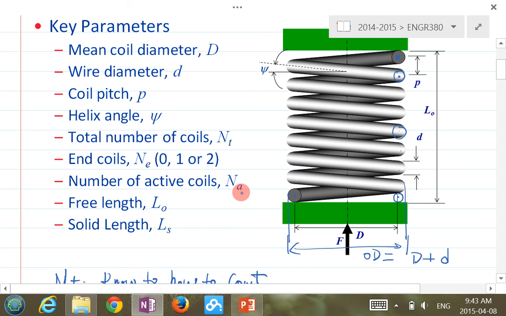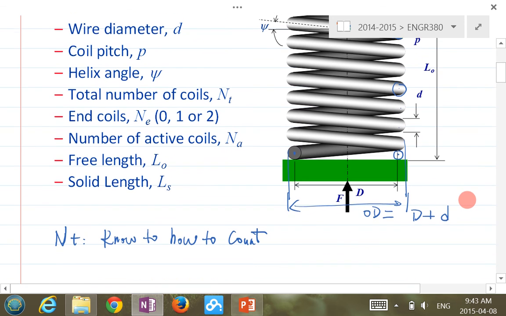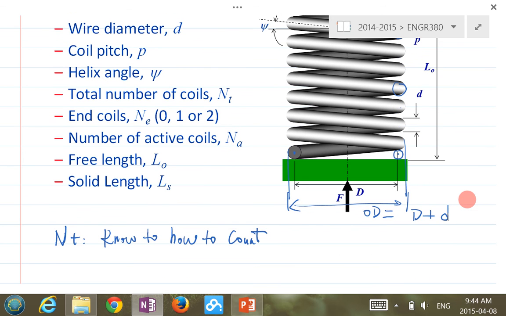We have a figure. I'll show you how to figure out the relationship between these two. But that's the thing you need to bear in mind when I give you a spring and it says the spring is square and ground. Then what should jump into mind is, what will be the proper value for the Na, based on your counting of Nt? That make sense? I'll show you an example later.